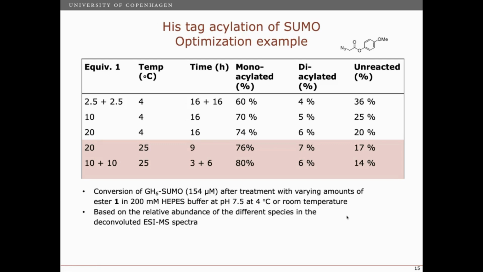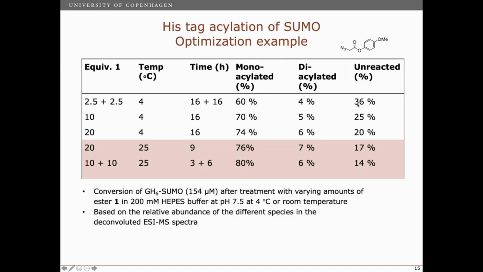Okay, so just to show you how we then typically optimize. We start with 2.5 equivalents, maybe 16 hours reaction time, and this is for the protein SUMO, which I'm going to show a little bit more of later. That's a non-optimized approach. There we straight away get 60% incorporation.